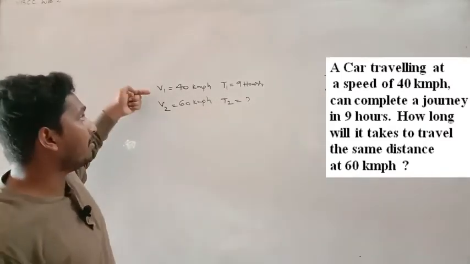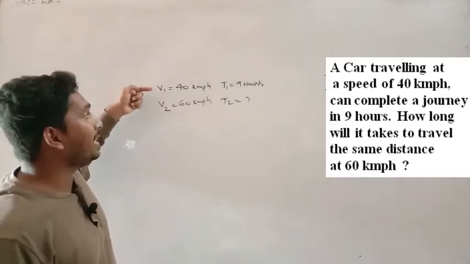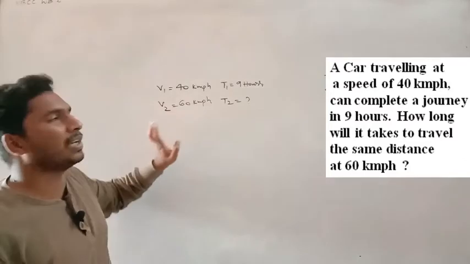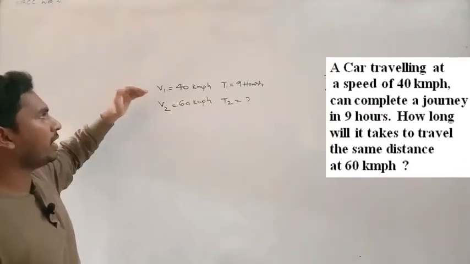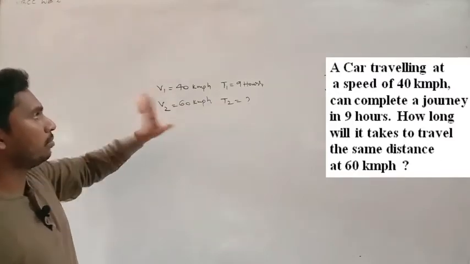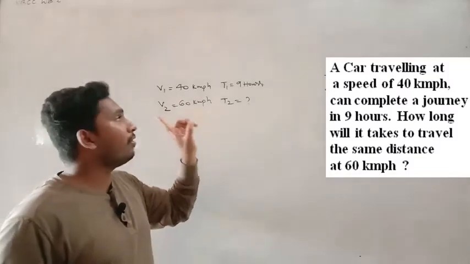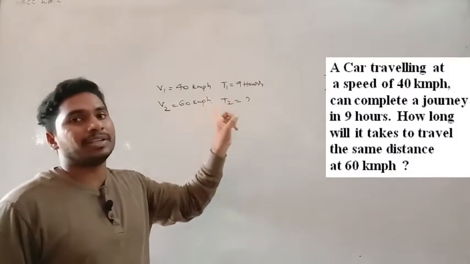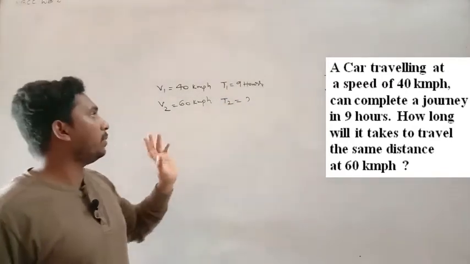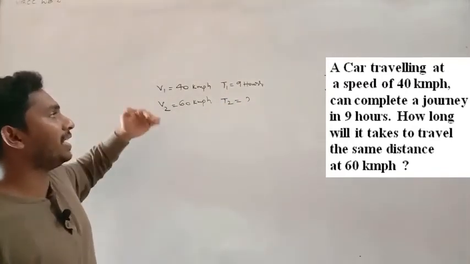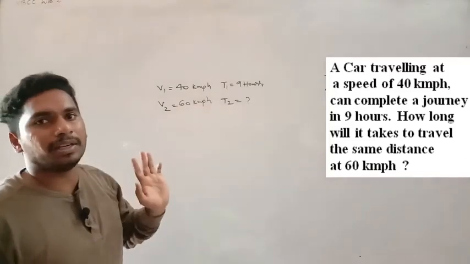Here the velocity is increased to 60 km/h, but it is increased by 20 km/h. That you have to observe. If it travels at 40 km/h, it reaches its destination after 9 hours, but if the velocity is increased, the travel time will obviously decrease.